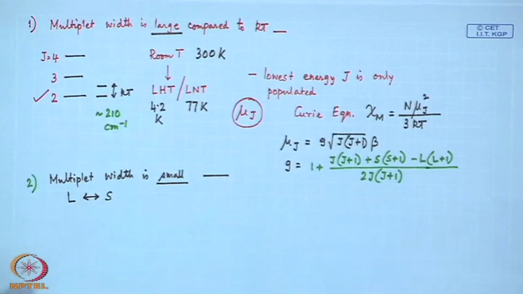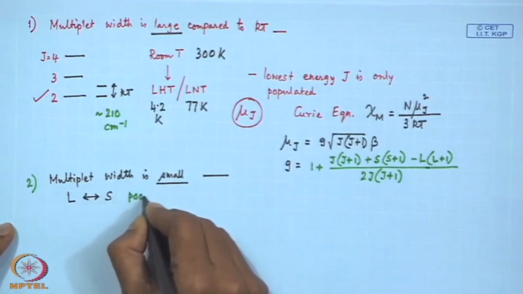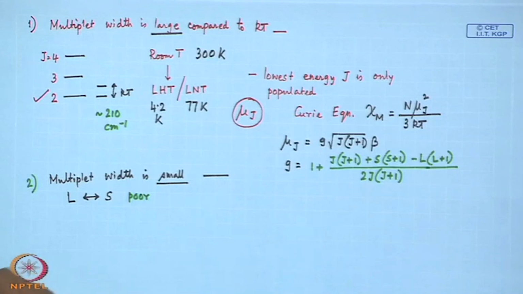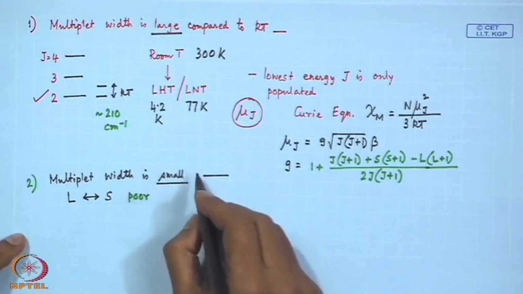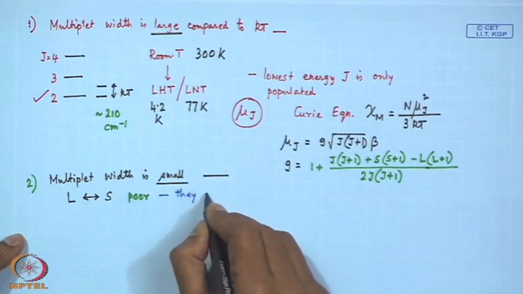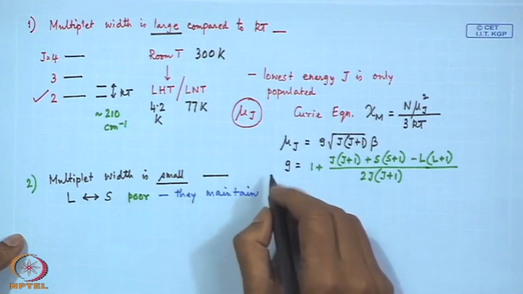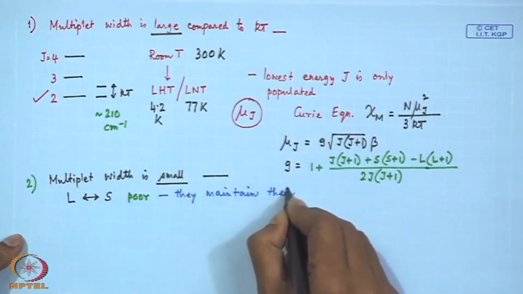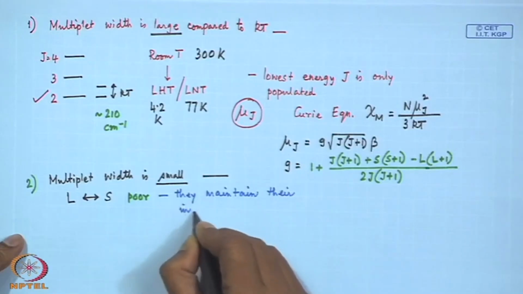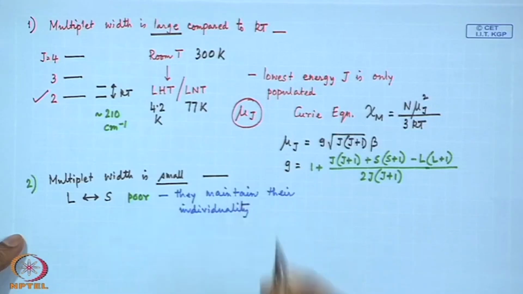But now the coupling between L and S, the orbital moment and the spin moment, is poor, and as a result these two individual terms maintain their individuality.